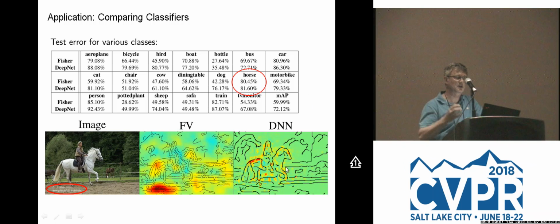So you're looking at the object. Now look at the Fisher vector model that is very good out of sample, comparable to the deep neural net. Basically you see that the model looks mainly at the context, also a bit at the horse's butt again, so this seems to be characteristic.